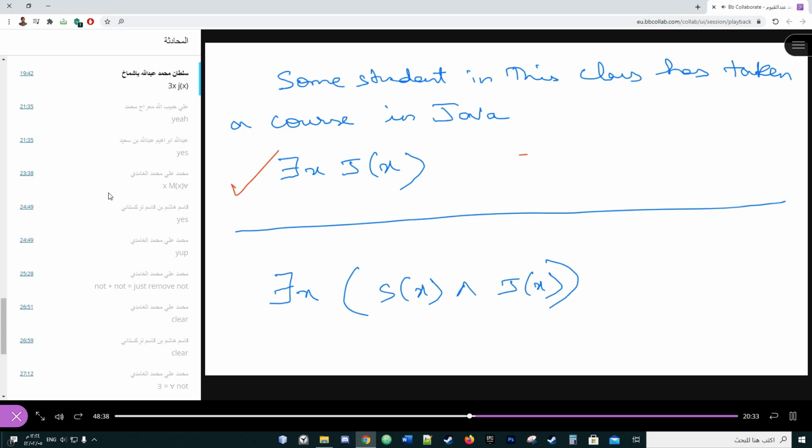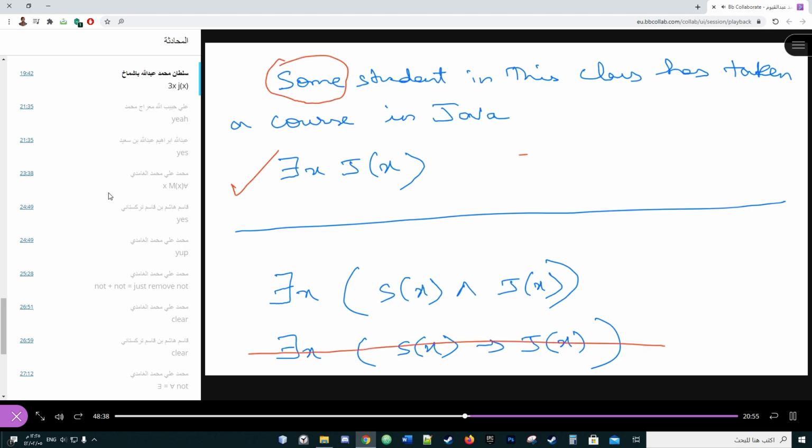And this is true for some students, where X is a student and X has taken a course in Java. Although you might be tempted to write if X is a student, then, this is incorrect. It does not apply. For some, you use the operator AND.